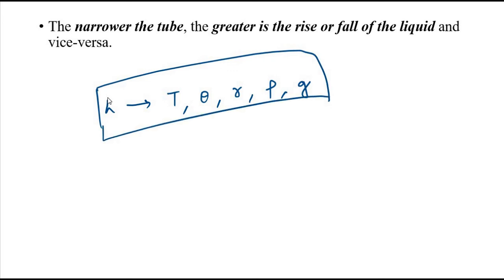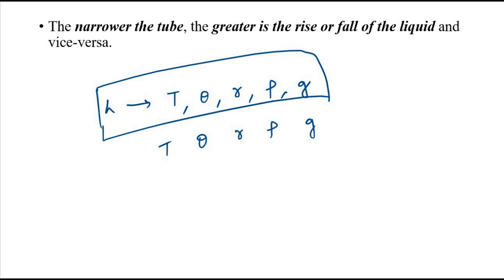So again, see how cohesion, adhesion, angle of contact, surface tension all come into play. Surface tension is involved, so cohesive force and adhesive force will be involved. Angle of contact is involved, again cohesive and adhesive force are involved. This is the radius of the tube which is present, that's why it is affected by that. Liquid density, the composition of the liquid, is involved, and this is acceleration due to gravity.